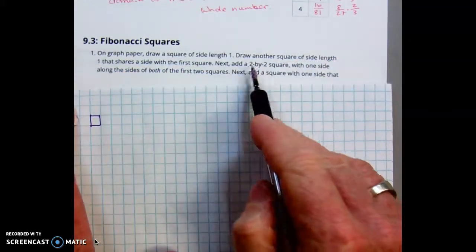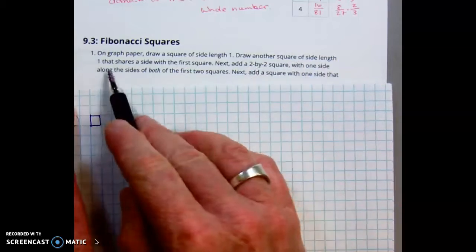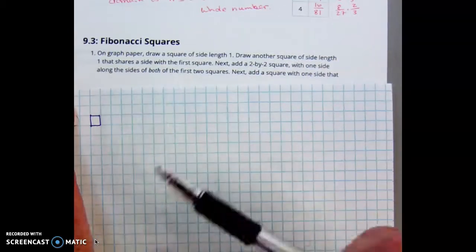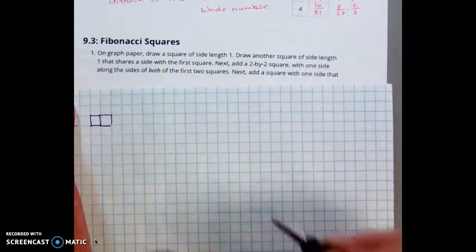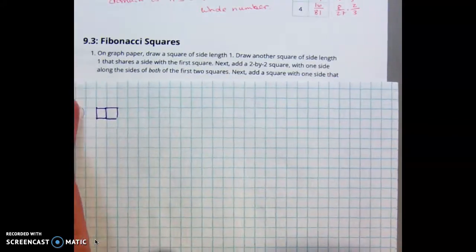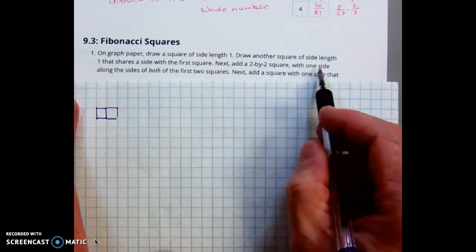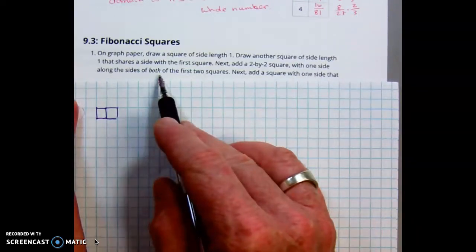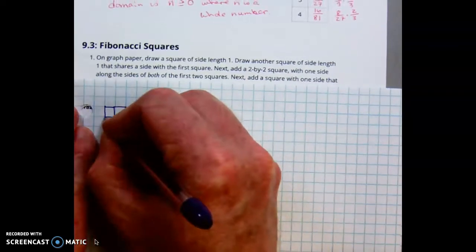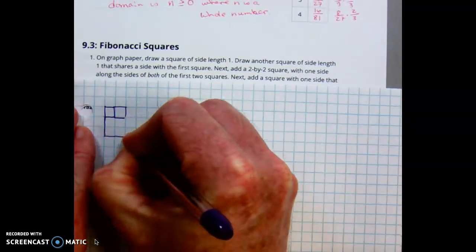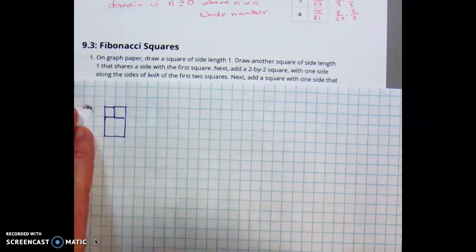Okay. Draw another square of side length 1 that shares the same side with the first square. So I'm going to draw another square. Okay. Add a 2 by 2 square with one side along the side of both of the first two squares. Now that's kind of hard to understand. So we're going to add a 2 by 2 square sharing those sides.